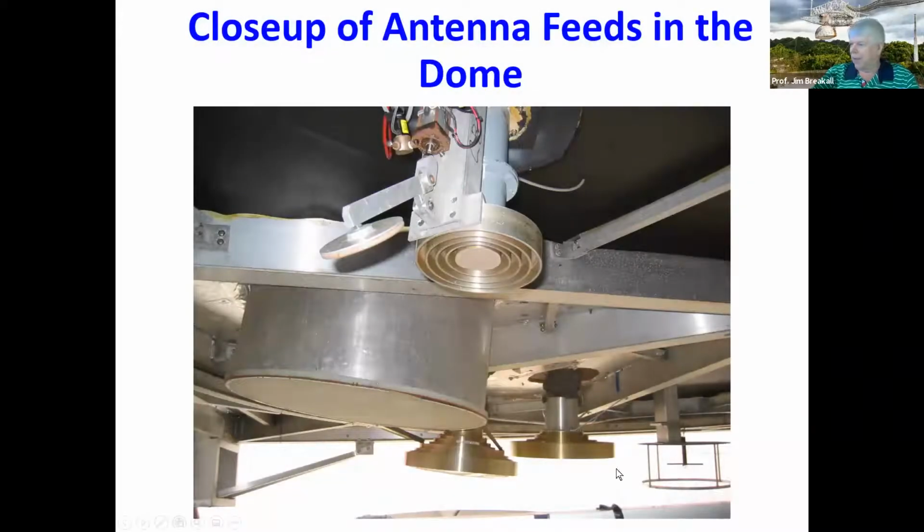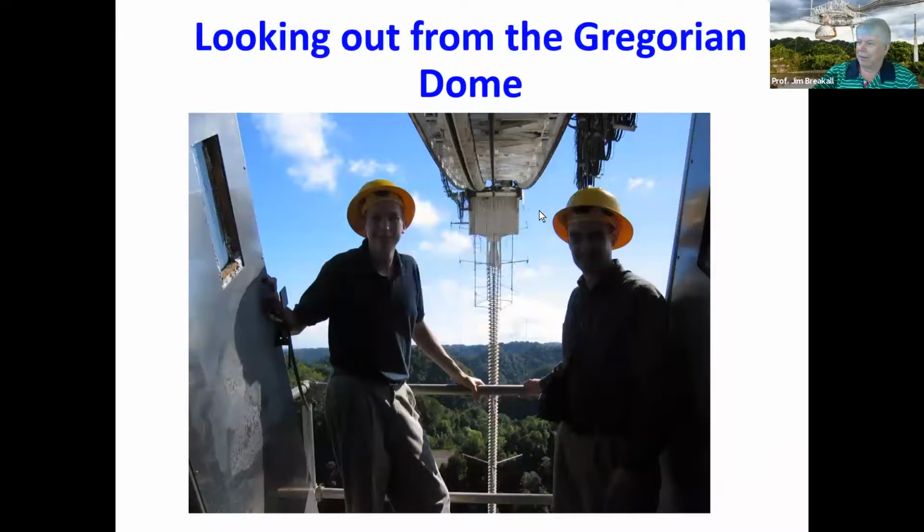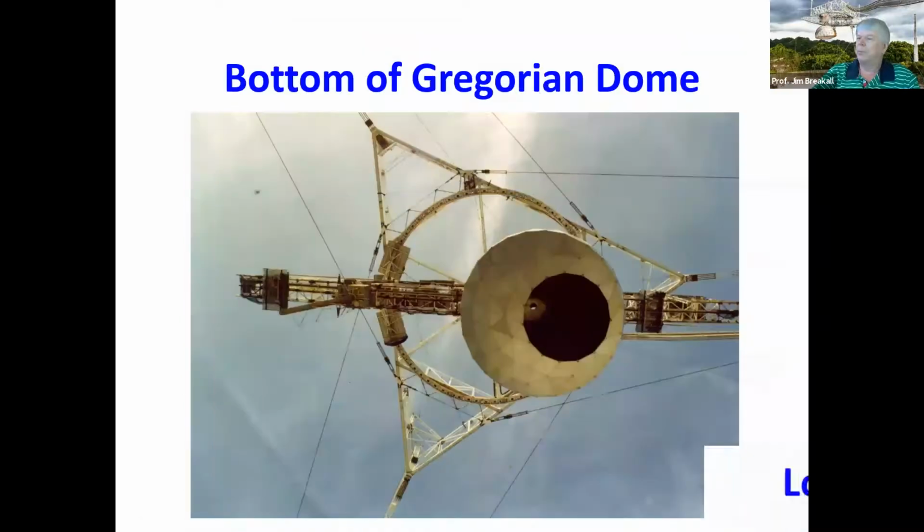There's more antenna. I designed this antenna back here. And here's my students again, looking out of the Gregorian dome. There's that big long line feed that was for the incoherent scatter. They kept that there, of course. And here's the bottom of the Gregorian.